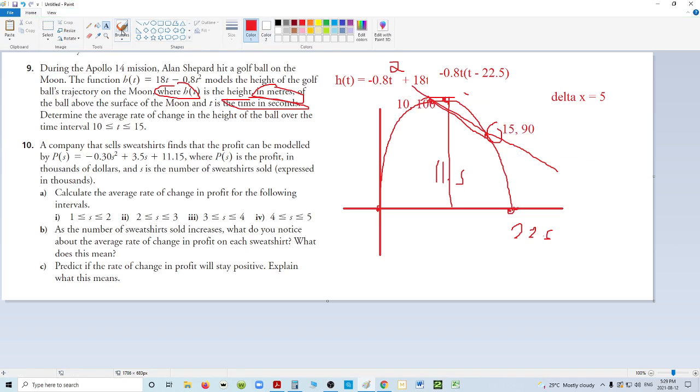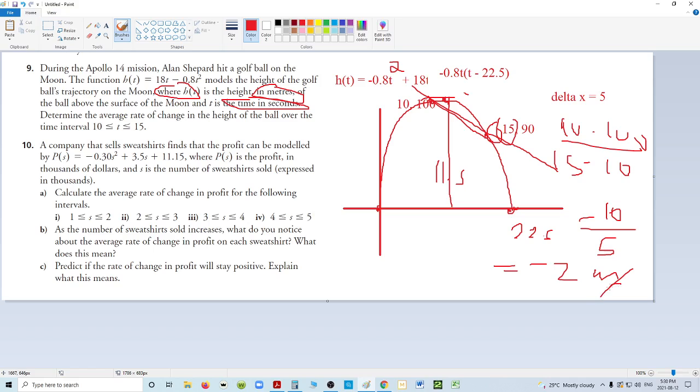So if I take delta y, 90 minus 100, over delta x, which is 15 minus 10, I get minus 10 over 5, which is a minus 2, which means it's descending 2 meters per second. That's the slope of this line here. And that is called the average rate of change, which is the same as the slope of that secant line. A secant line is a line that joins 2 points on a graph.